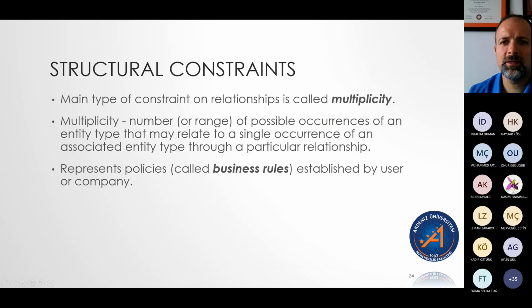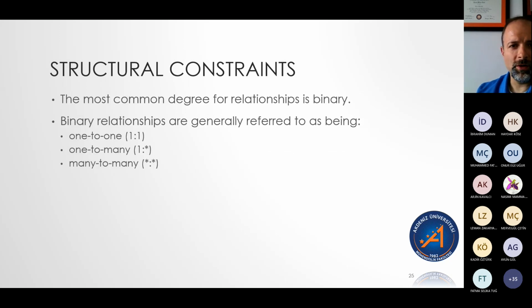A couple other things here. Let's talk about some structural constraints. Right, multiplicity. And we'll talk about cardinality. So the multiplicity is the number of possible occurrences. So how many members can participate in a relationship?